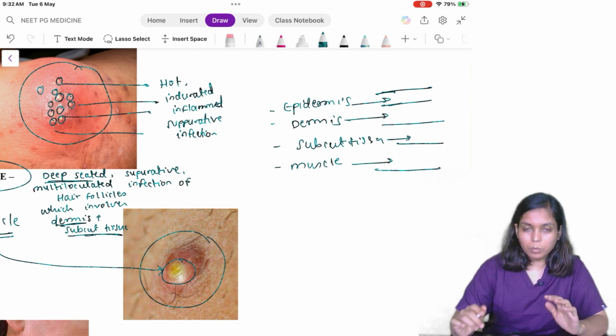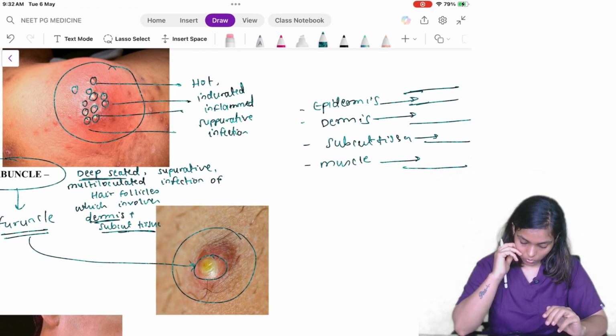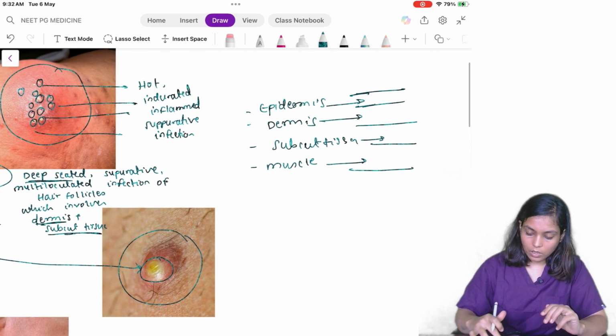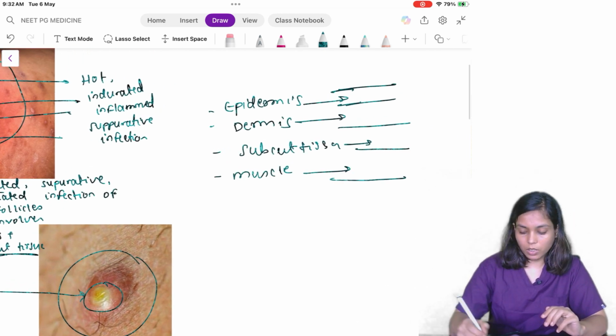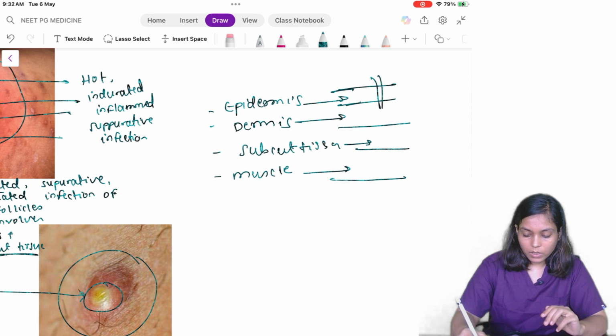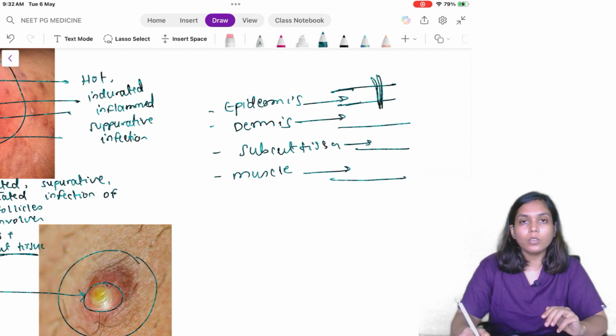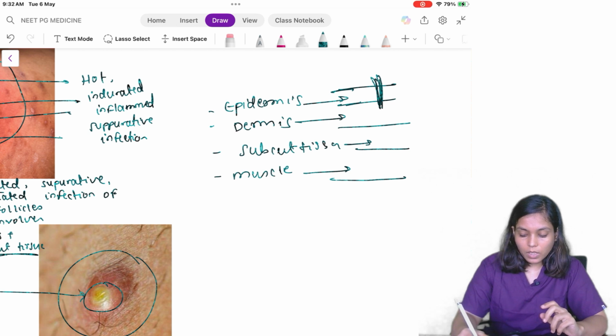Okay, fat and muscle. Now if furuncle is your infection, then it is involving your single hair follicle. Hair follicle arises from dermis, so furuncle is the involvement of a single hair follicle, and yes, it involves only dermis.